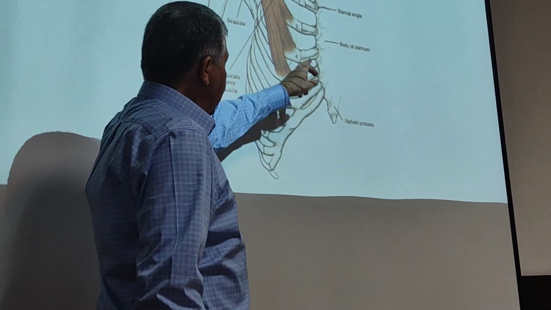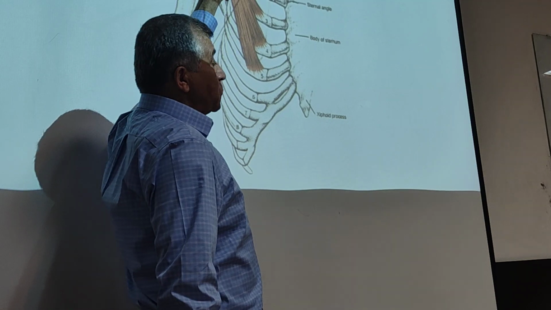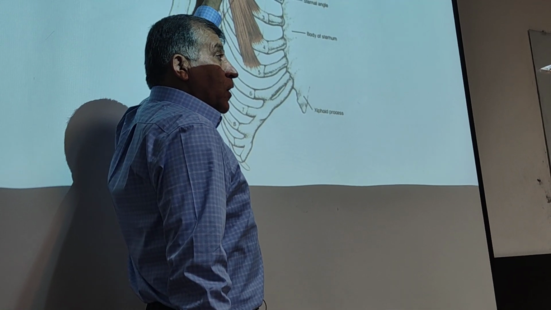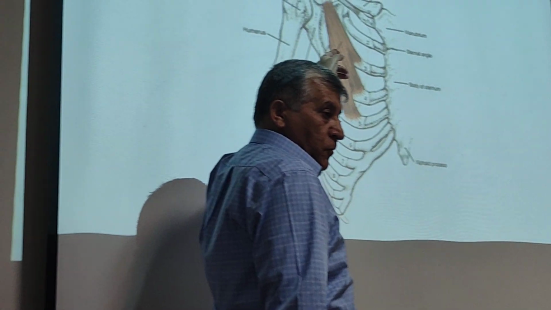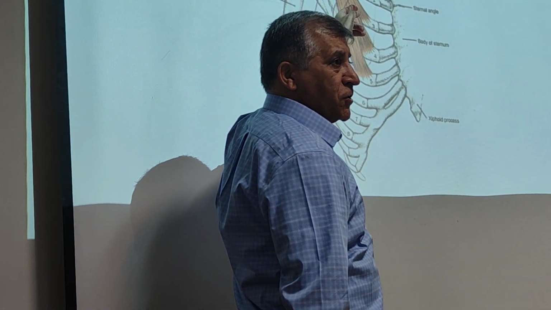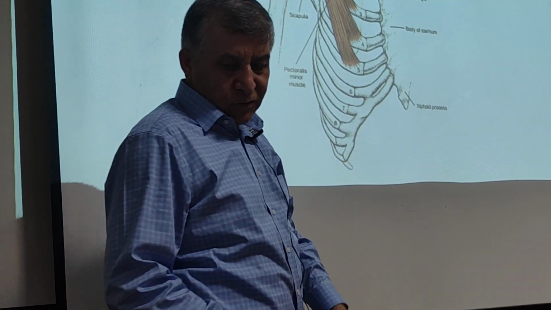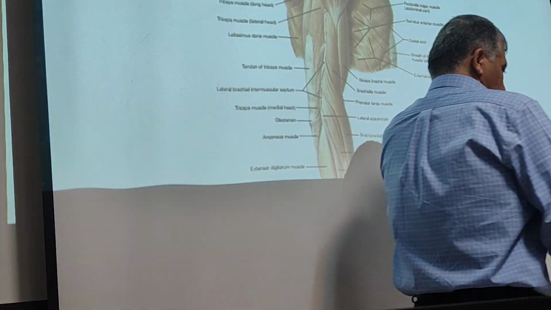Pectoralis minor originates from the third, fourth, and fifth ribs and inserts on the coracoid process. The insertion moves toward the origin, so it depresses the shoulder. It is innervated by the medial pectoral nerve.